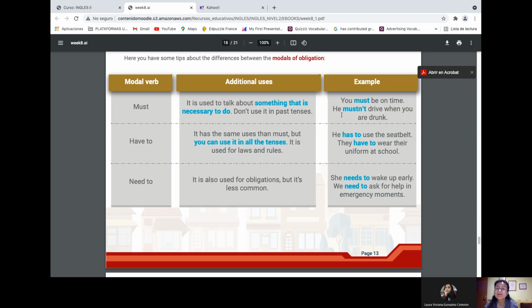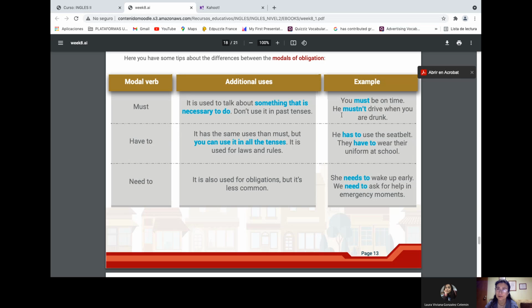So when you say he mustn't drive when you are drunk, it is prohibited to drive a car or ride a motorcycle when you are drunk. Drunk means when you have had alcoholic drinks, when you have drunk too much. It is prohibited, so you say you mustn't drive when you are drunk.